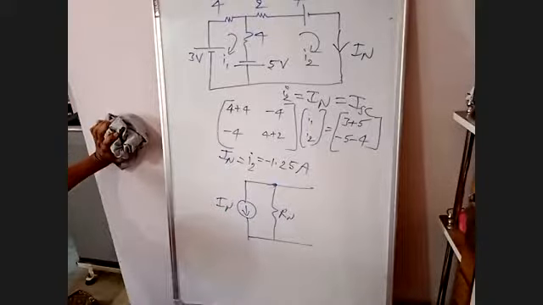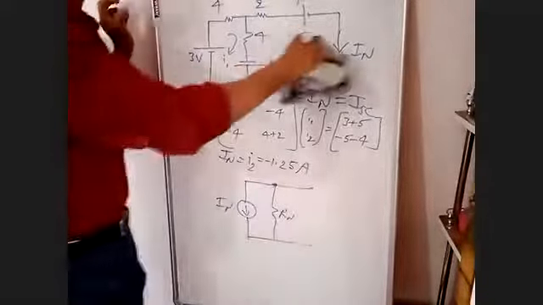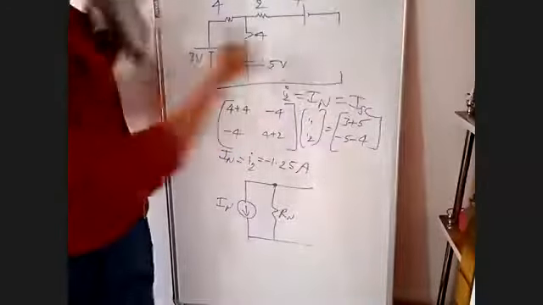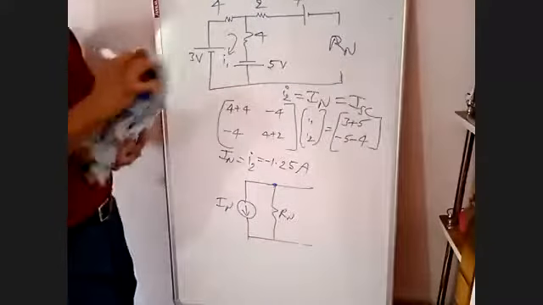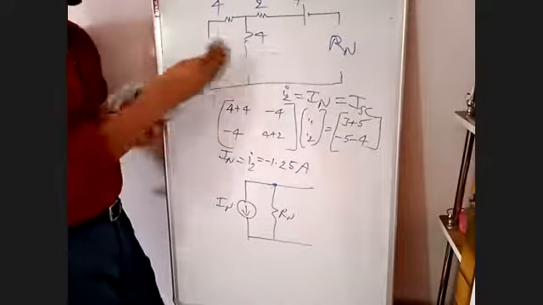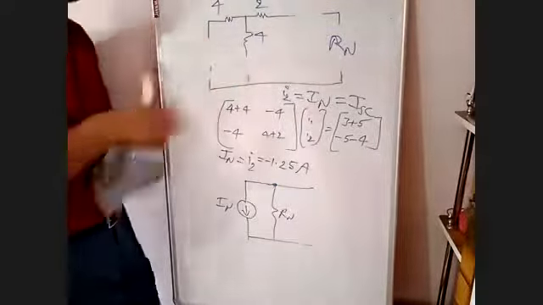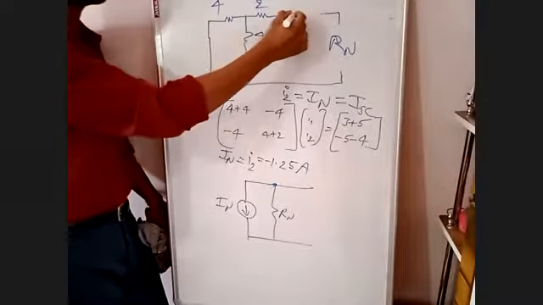Now, what is Rn? We have not calculated it. For determining Rn, what will you do? Open circuit the current sources and short circuit the voltage sources. Yes, there are only voltage sources. There are no current sources. I am shorting all the voltage sources. 3 voltage sources are there: 1, 2, 3.